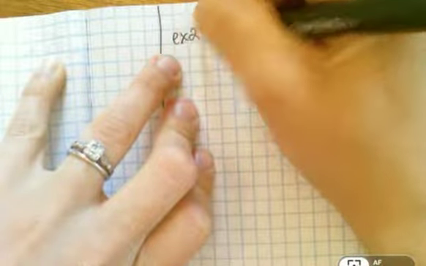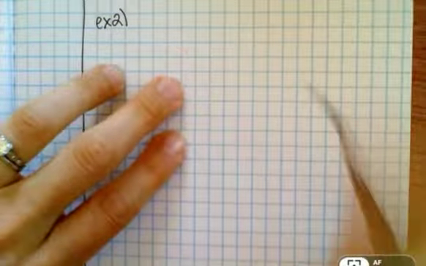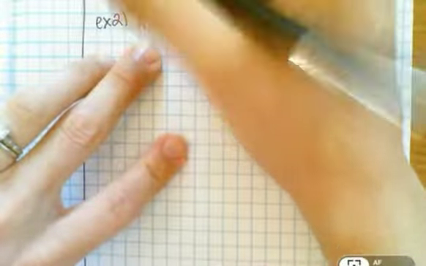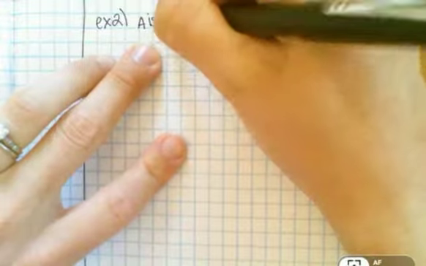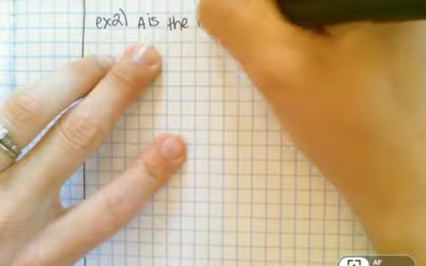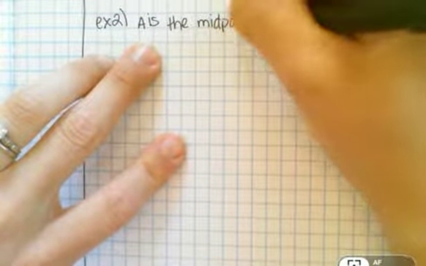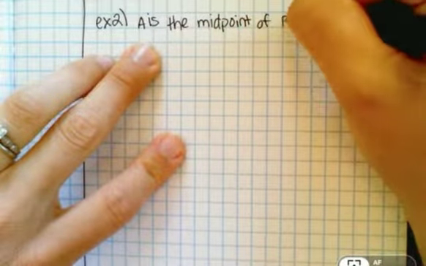Example 2. A is the midpoint of segment BC.